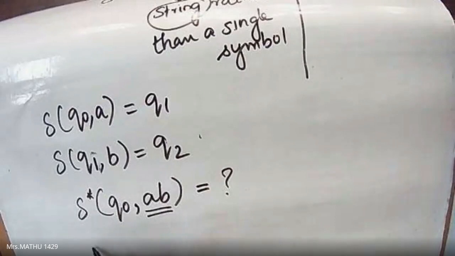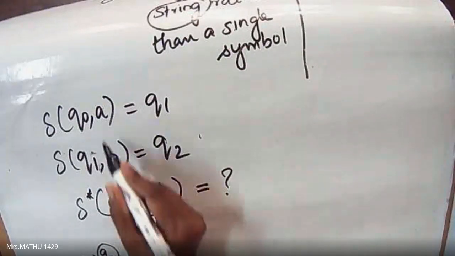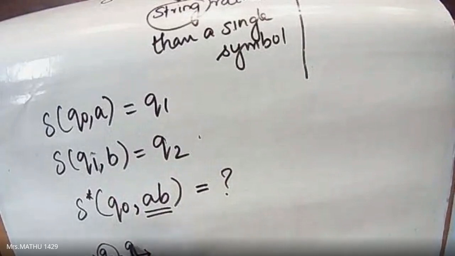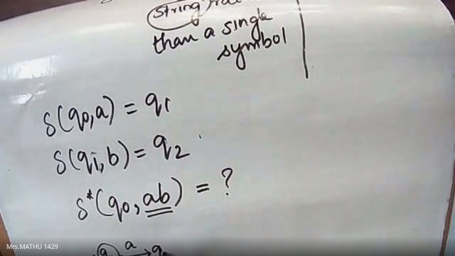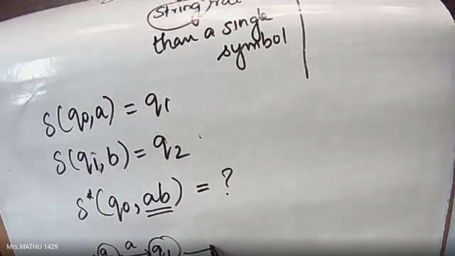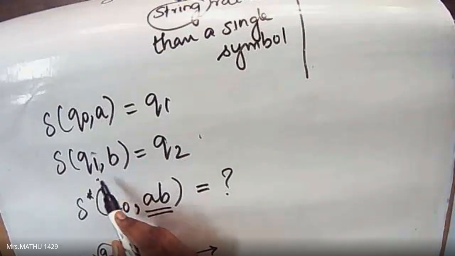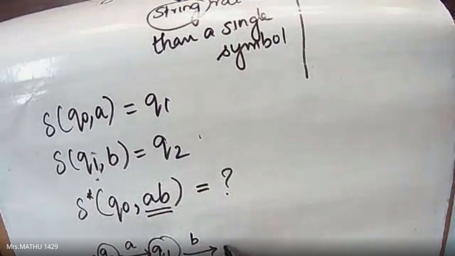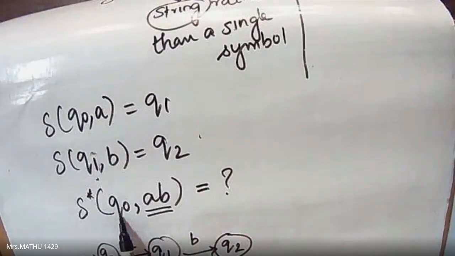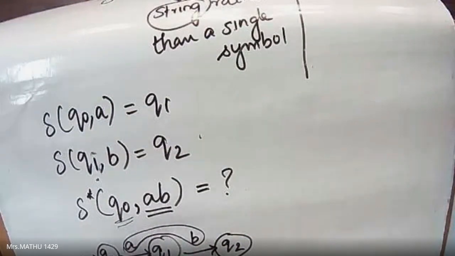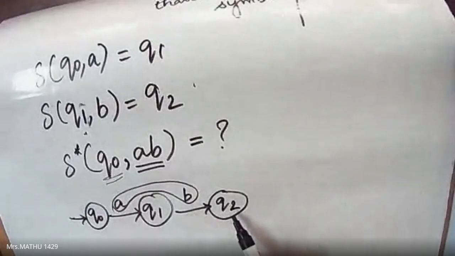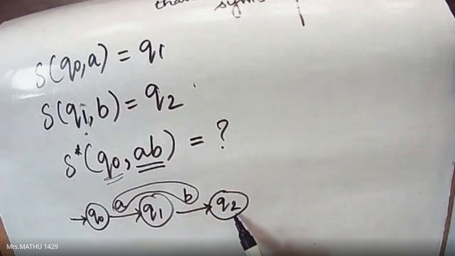Starting from state q naught, on reading A, it goes to q1. From q1, on reading B, it goes to q2. So that means from q naught, after reading the entire input string AB, it is reaching the state q2.